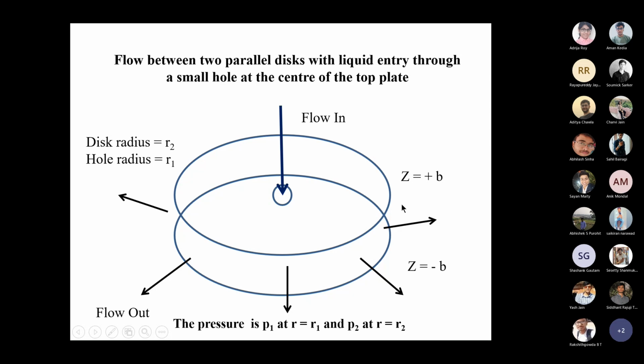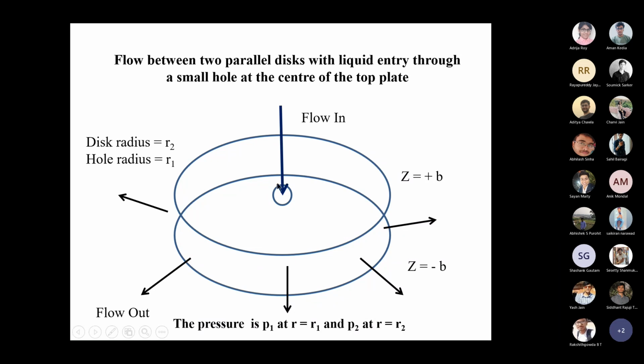This P2 could very well be the atmospheric pressure, so it really does not matter. But the important thing is that the pressures at two locations are known to us. So the problem obviously is more complicated than the way we are going to solve it.